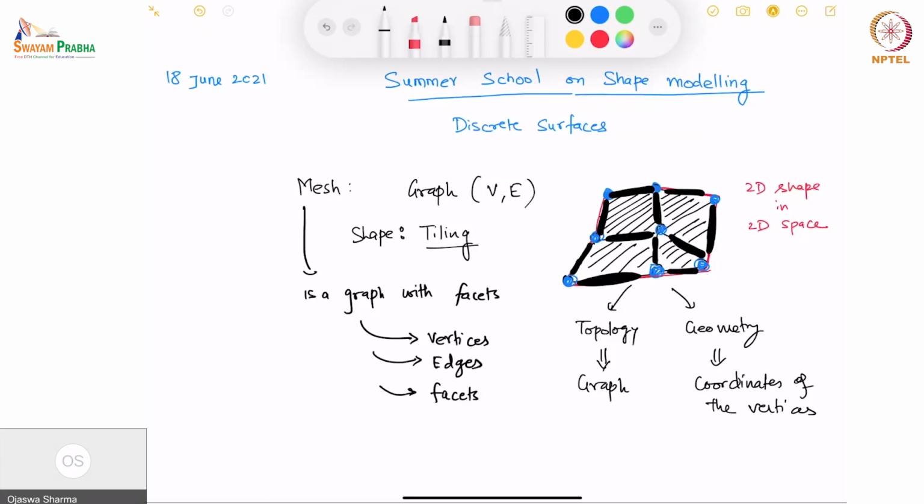For example, we may have triangle facets. In that case, it's known as a triangle mesh. We may have quadrilaterals, in which case it is known as a quad mesh. And in general, you can have any polygon, in which case it is known as a polygon mesh, a generalized polygon mesh.